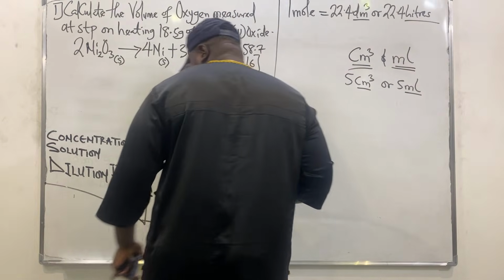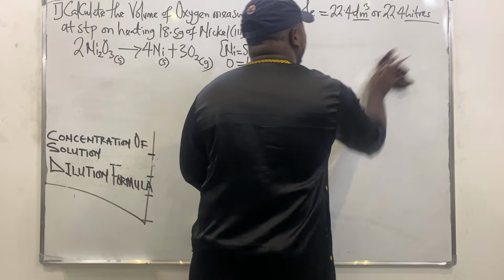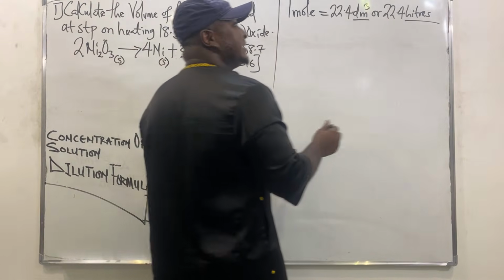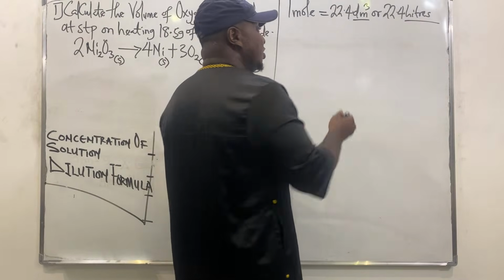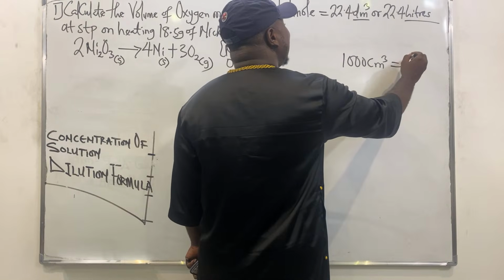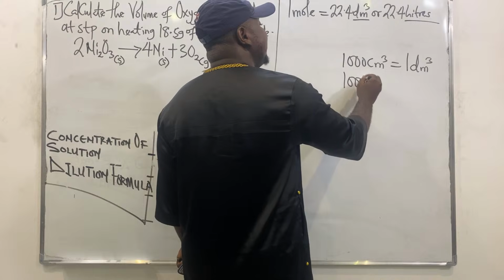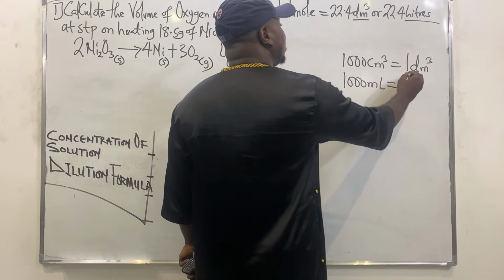Sometimes I can give you a volume in cm cube and ask you to convert to dm cube. Please note that 1000 centimeter cube is equivalent to 1 decimeter cube, and 1000 milliliter is equivalent to 1 liter.